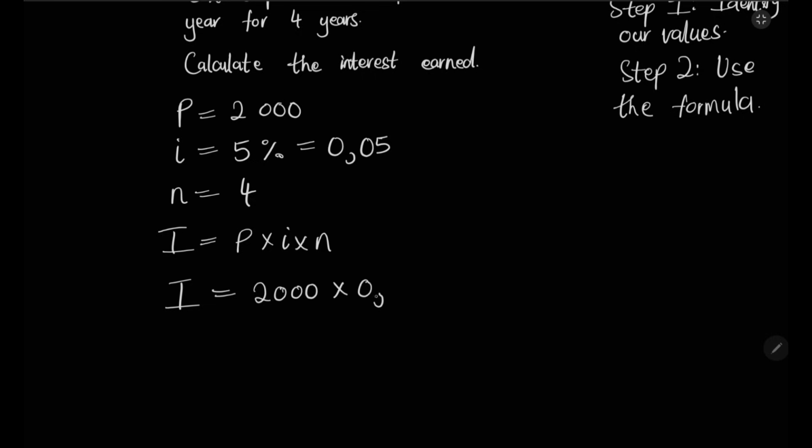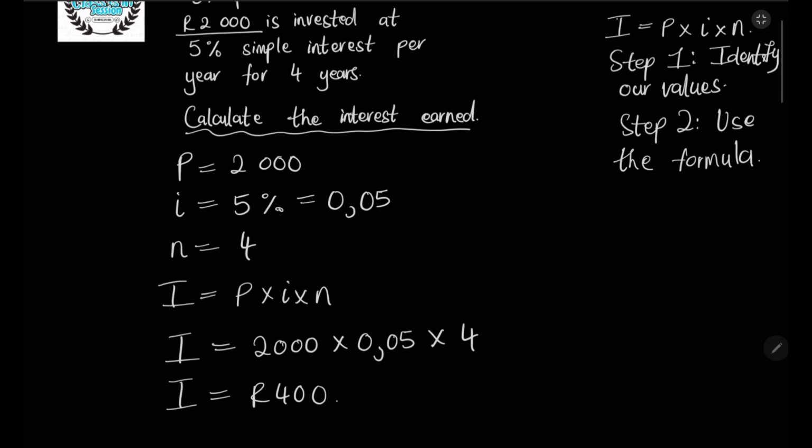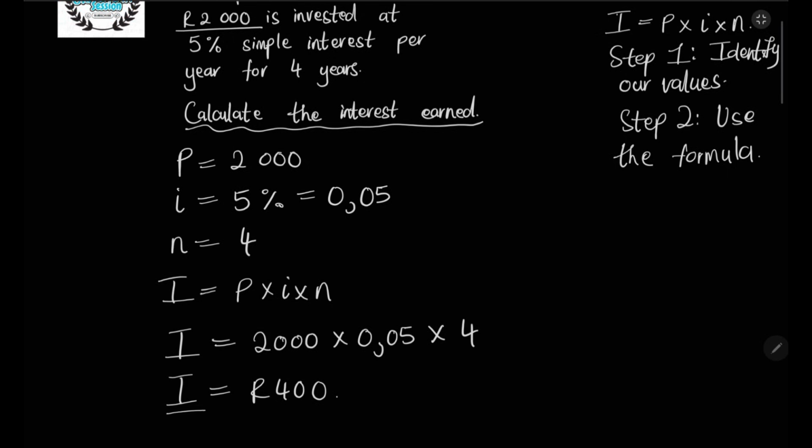What is our I? 0.05, the interest rate. And lastly, number of years, we have 4. Therefore, our interest is 2,000 Rand times 0.05 times 4 should give you 400 Rand. The interest earned is 400 Rand.